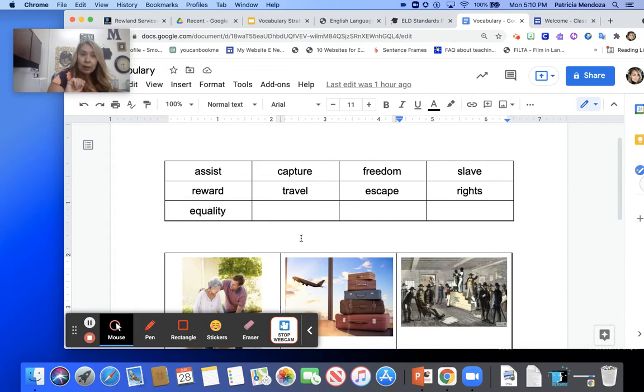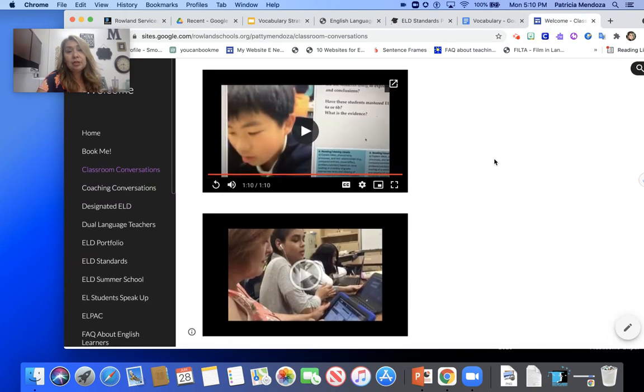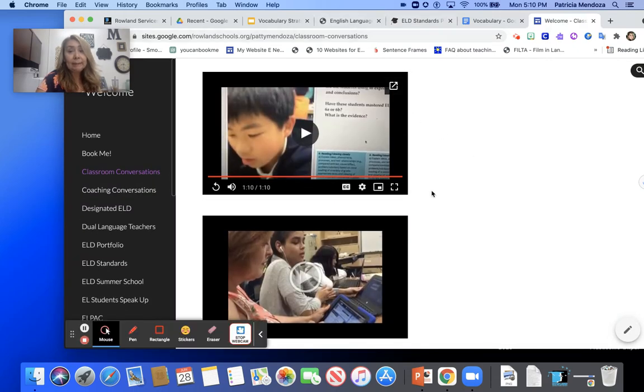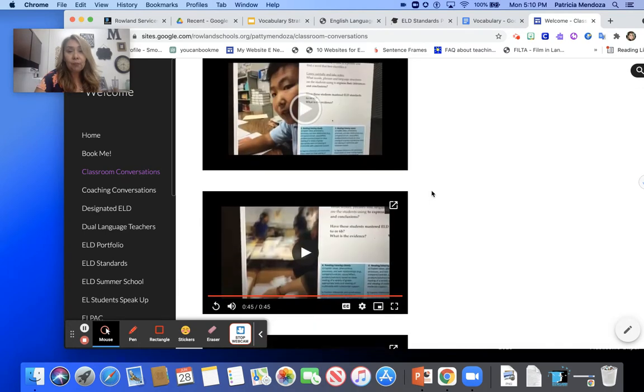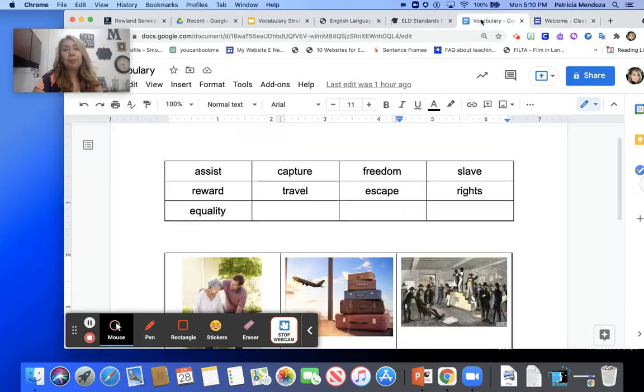And what I want the students to be able to do, let me go here. The idea is that I want students to be able to look at these words. And let me share the video with you shortly. Let me go back. And I want them to, with their partner, you could have a partner, you could have a full team, look at the pictures and find the words that they think represent that picture.